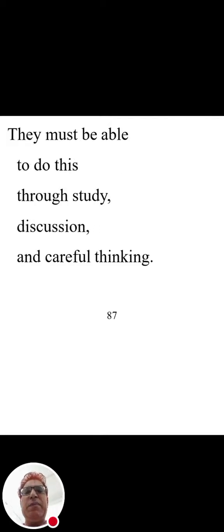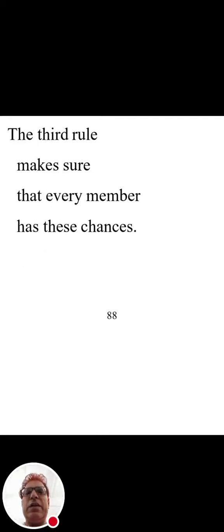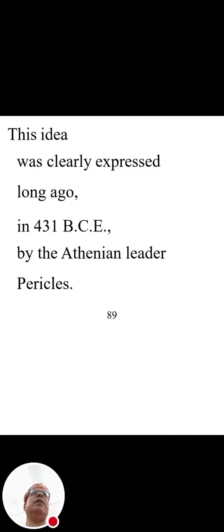They must be able to do this through study, through discussion, and through careful thinking. The third rule makes sure that every member has these chances. The third rule is the equal opportunity to understand, enlightened understanding.